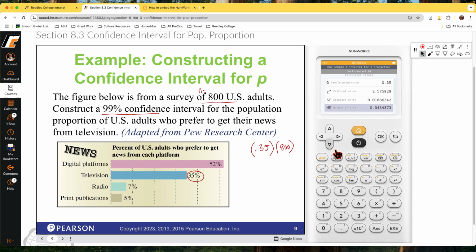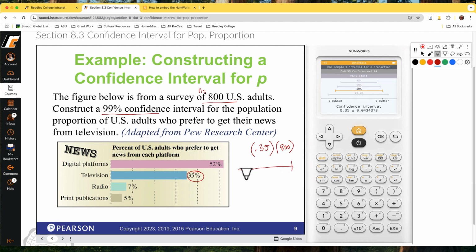Let's go one more screen. We can write that out as a confidence interval of 0.3066, so about 30.66%, all the way to about 0.3934, about 39%, right? So somewhere between 30 and 39%, right in there.